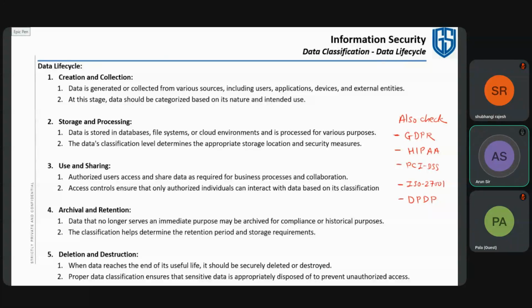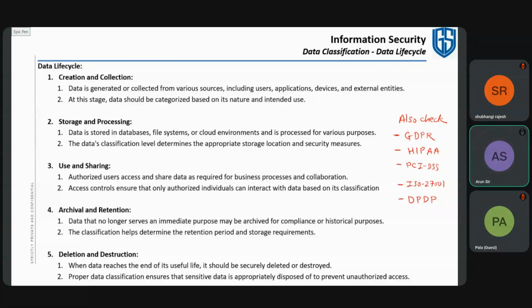The fourth point is related to how long data is going to be kept with them, and what exactly the archival process is. And the last part is, after the life cycle reaches its end, how exactly data is deleted or destroyed, and how it is safely disposed of so that there is no unauthorized access.